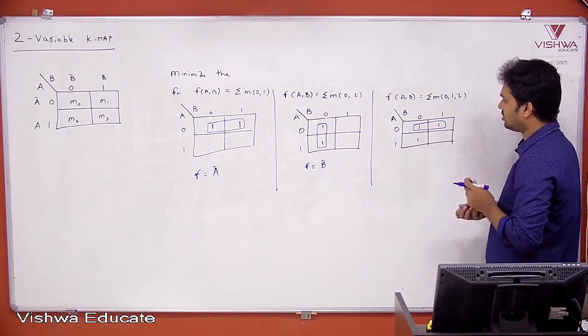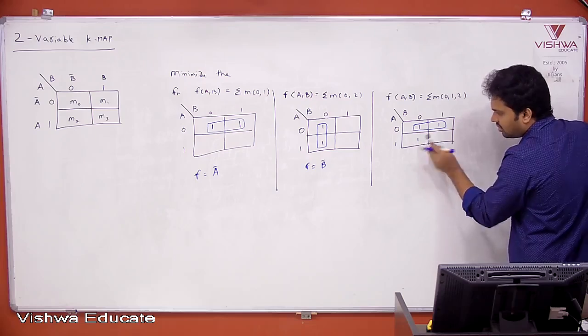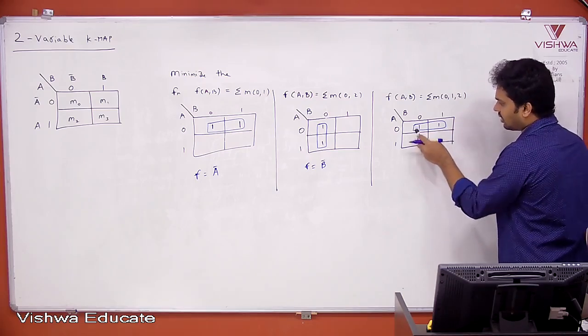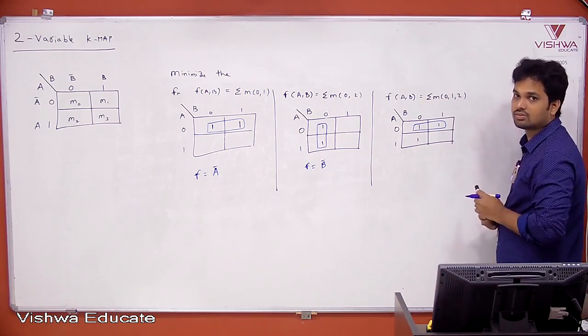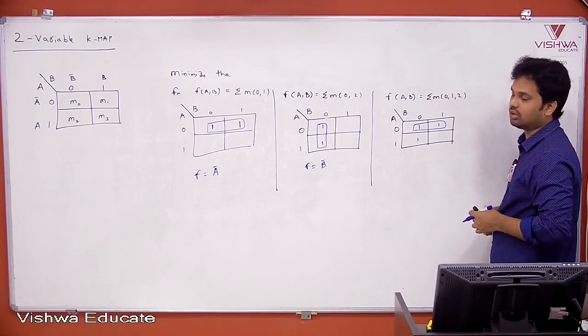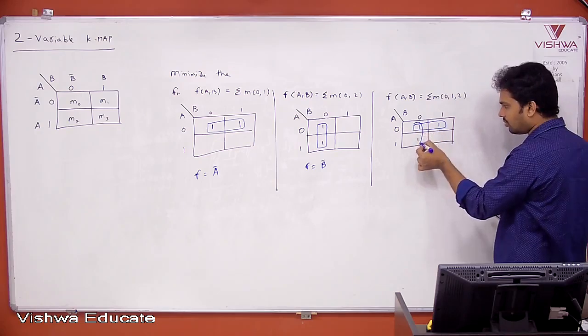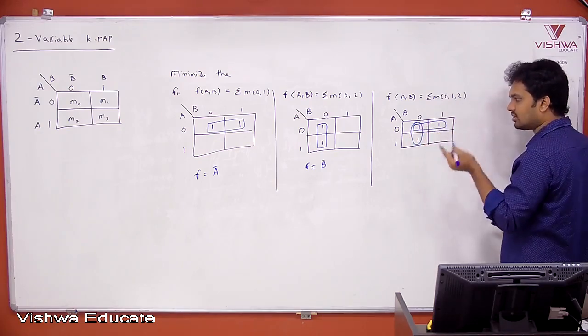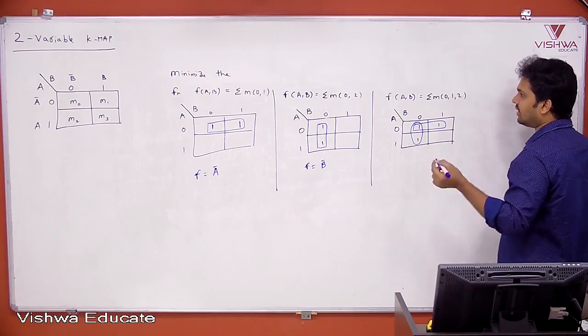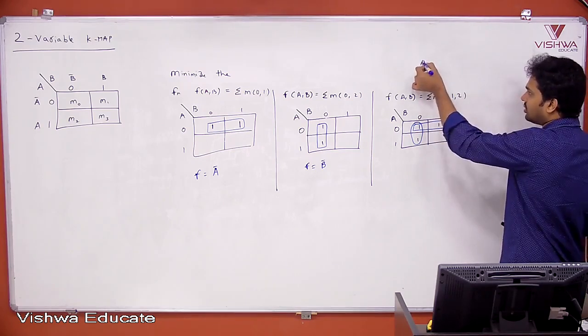Then you may have the doubt. Sir, what about this single one? Can I take this one singly or I need to make a pair with this? I told you already, always go for maximum possibility only. So if it is a pair, no problem. Overlap like this and take. Sir, can I overlap to this? Yes, no problem.